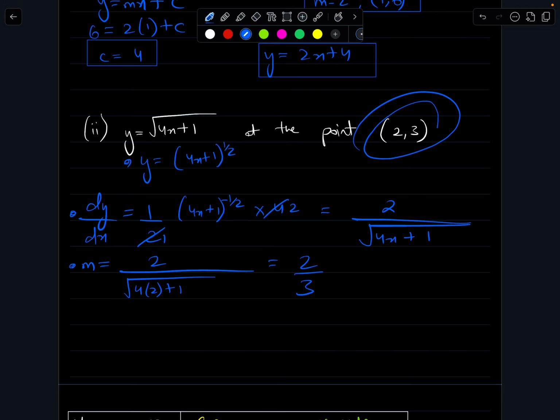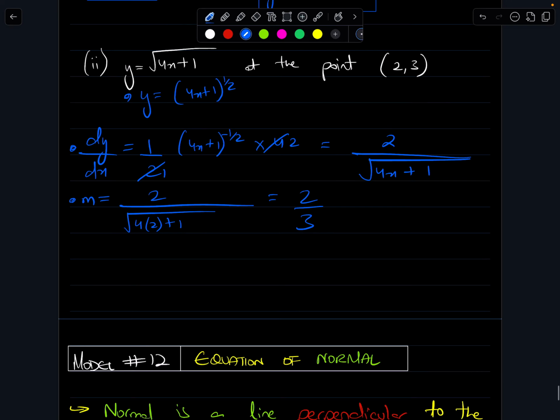Since we have a point and a gradient, we can find the equation. Since to find an equation we need a point and a gradient, or 2 points. So we will proceed. y is equal to mx plus c. So y is 3, this is the gradient, and the value of c turns out to be 5 over 3.